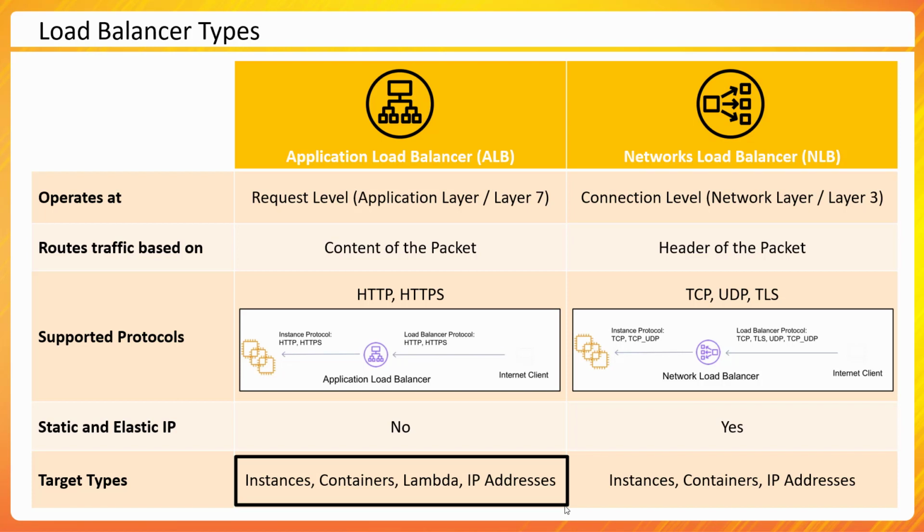These are valid targets for application load balancer. For network load balancer, everything remains the same except Lambda function. So network load balancer can also forward traffic to instances, containers, and IP addresses, but not to Lambda functions.